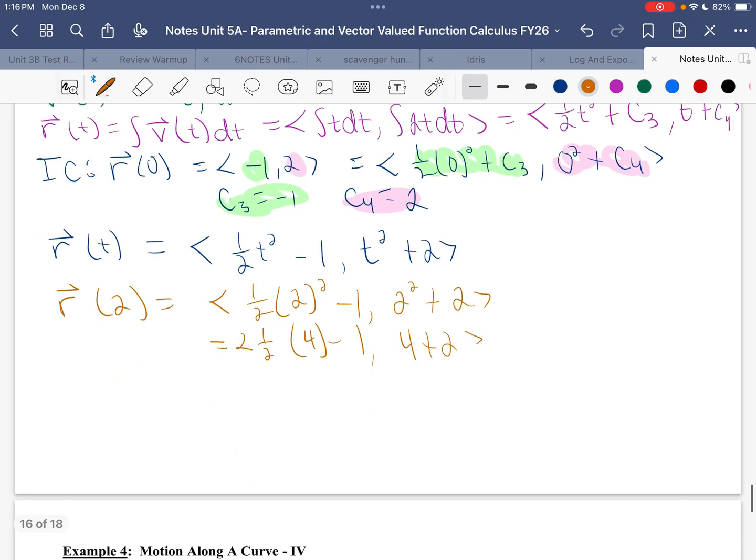Okay, 4 times 1/2 is 2, minus 1 is 1, and 6. This is the position when t is 2.